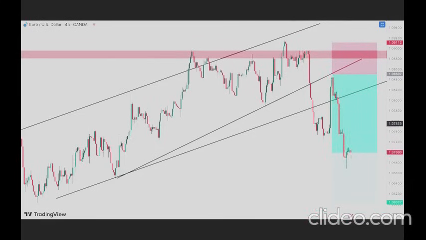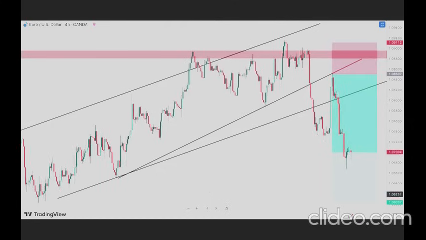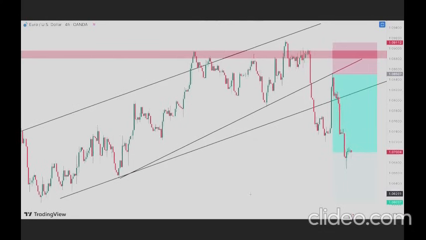But if you are in this trade, you are holding USD, I can say just hold it until it reaches down below this point.